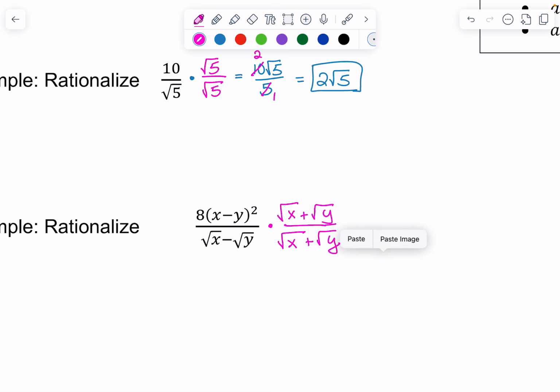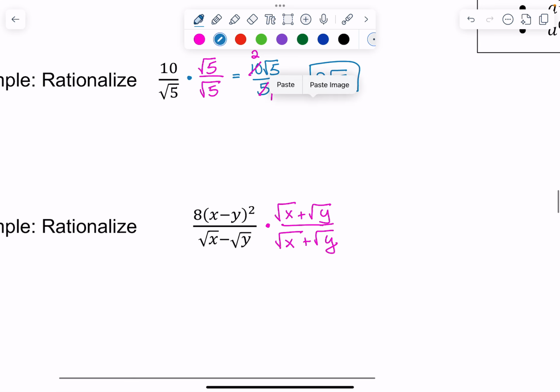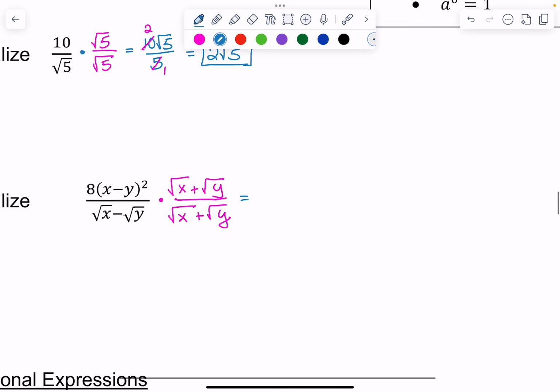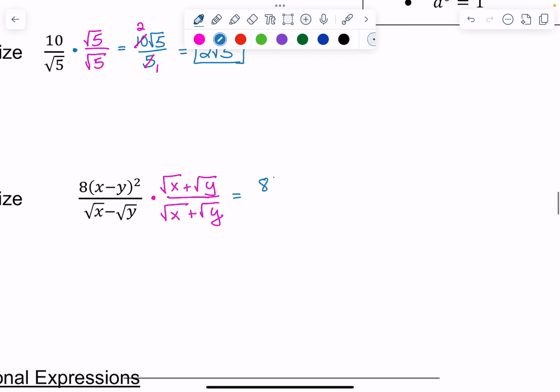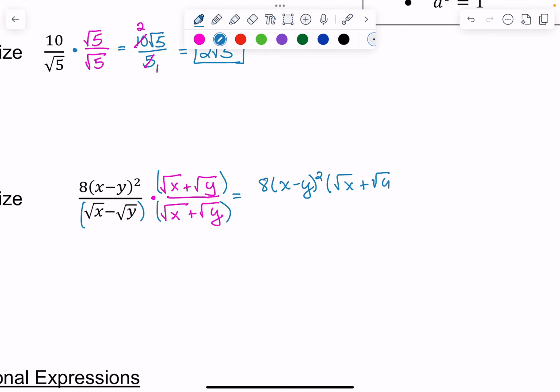Remember, I have to multiply numerator and denominator by the same thing. So I'm going to have 8 times x minus y squared times, remember there's parentheses around this, so we're kind of FOILing the denominator, and that's why this works. I get the square root of x plus the square root of y, and then down here in the denominator, when you do your firsts, you're going to have an x.